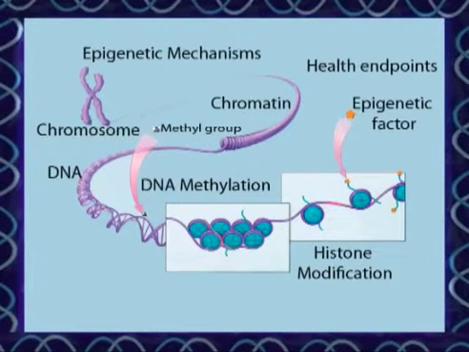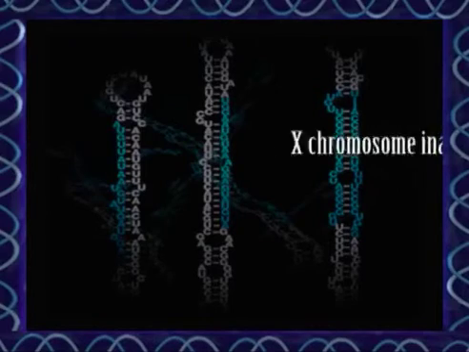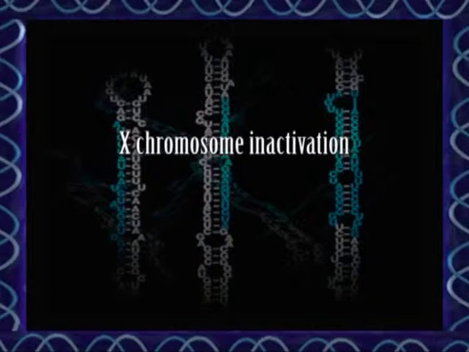Epigenetic inheritance refers to changes in the pattern of gene expression that are not due to changes in the nucleotide sequence but to compaction of the genome, and is essential to the normal development of eukaryotes. Some phenomena considered as epigenetic regulation include X chromosome inactivation and genomic imprinting.